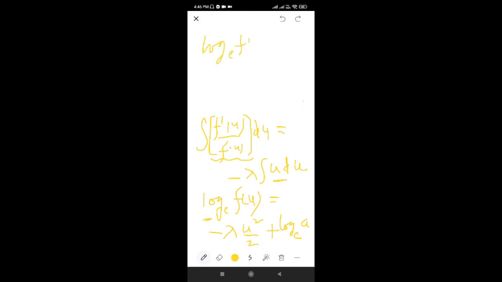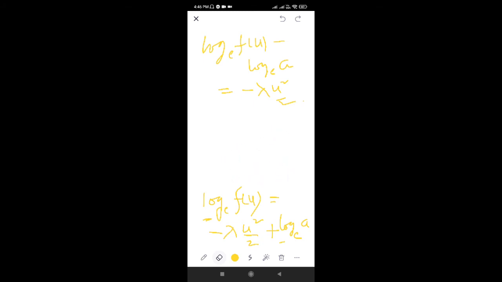Log e f u, I am bringing this log term to this side, minus, on this side it is plus, log e a, is equal to, on this side you are having only lambda u square by 2, isn't it? I am just rewriting the equation. Okay, now I am erasing this equation.